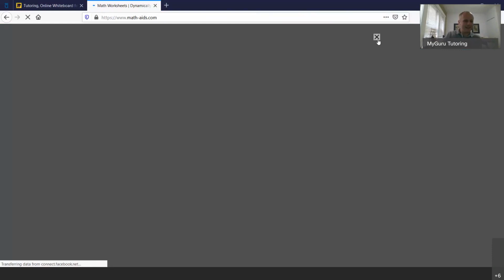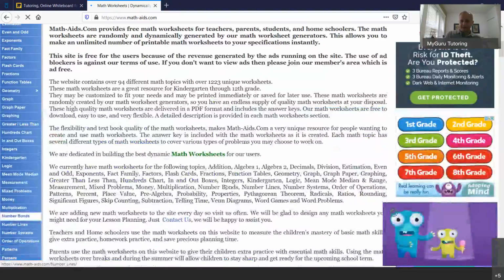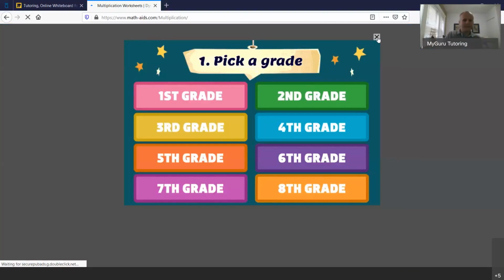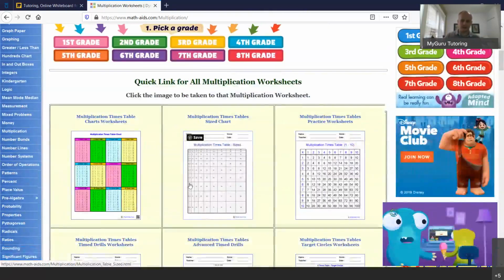On the left-hand side, we can see things like multiplication. Multiplication is the common thing that you'll be tasked to do. You can see some advanced timetables, and you can do all sorts of practice problems here.